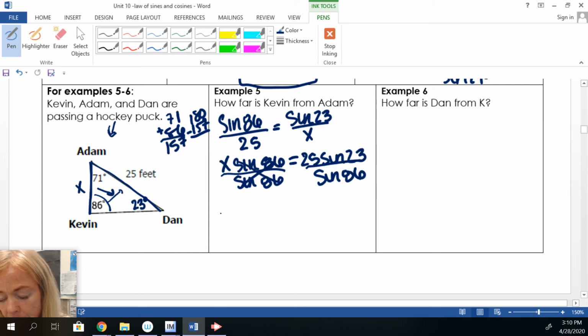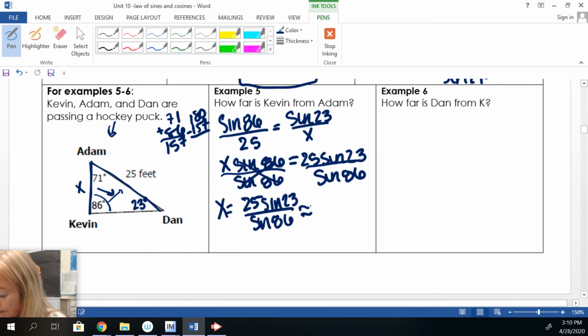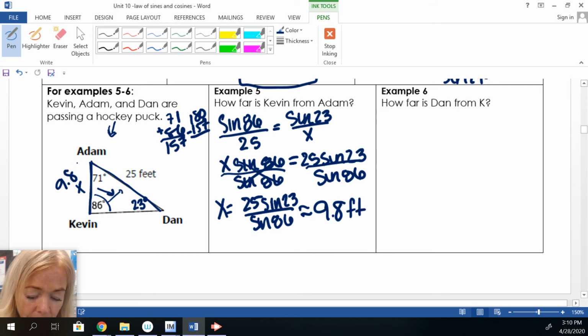We can plug that in the calculator: 25 sine 23 over sine 86. I'll go back up and reuse my template to make sure I have 25 sine 23 over sine 86. And that is approximately 9.8, and that's going to be feet. So this is 9.8 feet.